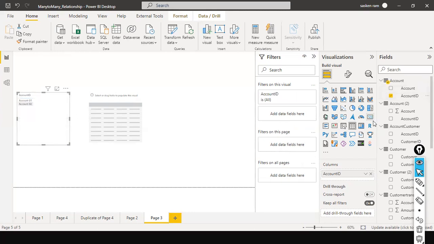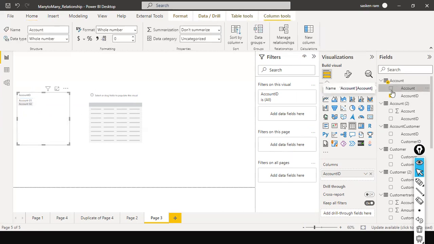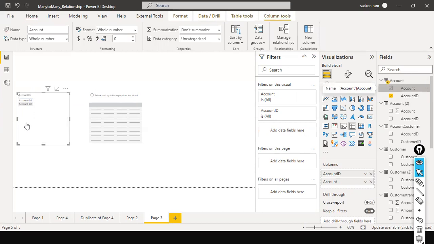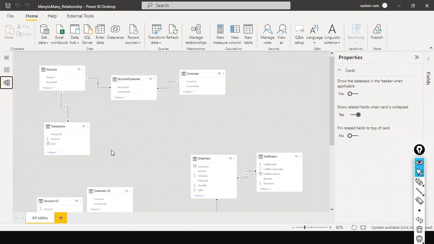Instead, what I will do is bring the account here too, or you can click on it here, so it will be dropped here. Ideally, it should be opposite. See the account and account ID. Okay, one second, let me go and see the account and account ID.